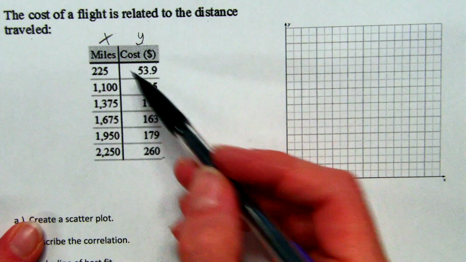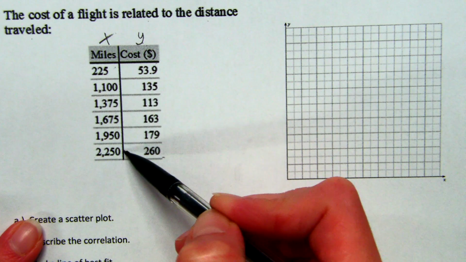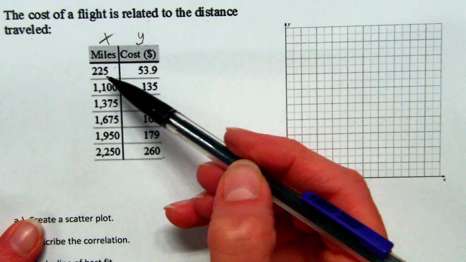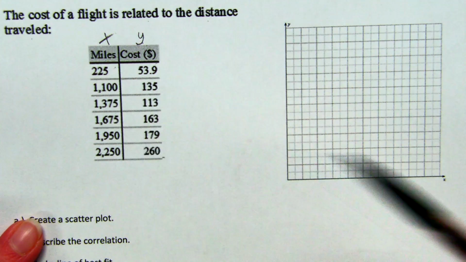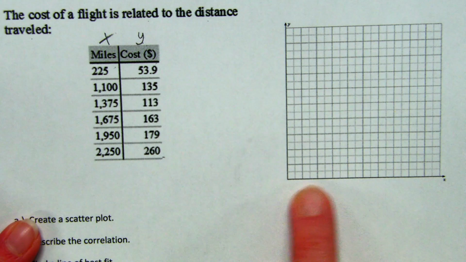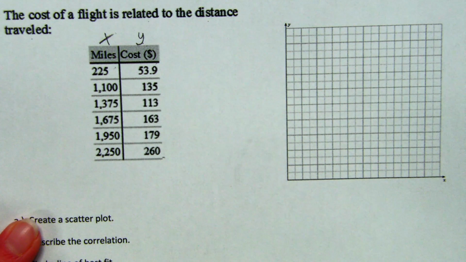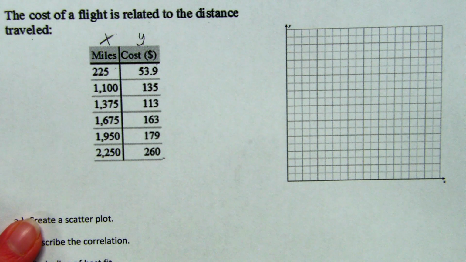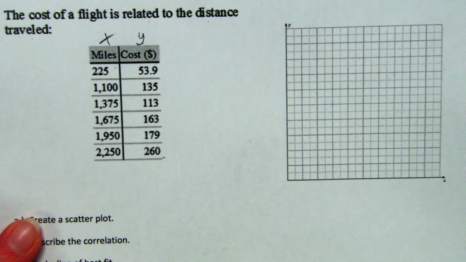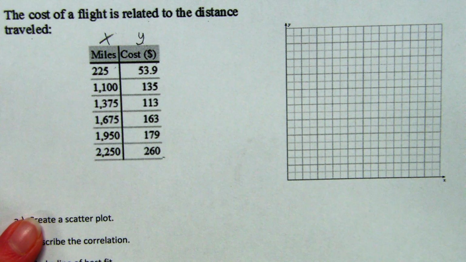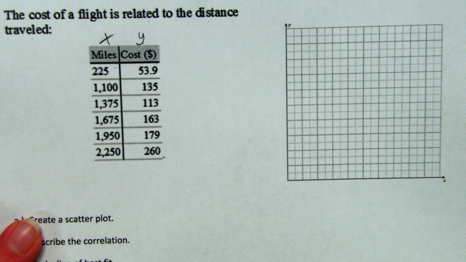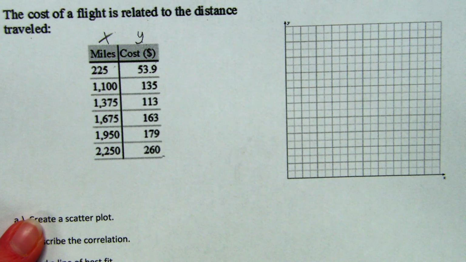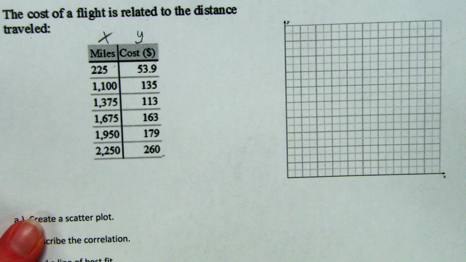So this goes all the way up to 2,250. We're going to have to figure out how exactly we want to number this. So we do have 20 squares going this way again because that's how I designed this. And so we can just figure out how that's going to fit. So you could take this and divide by 20, but I don't think that's going to be a nice number to use. Yeah, 112.5. Probably not a good number to use.